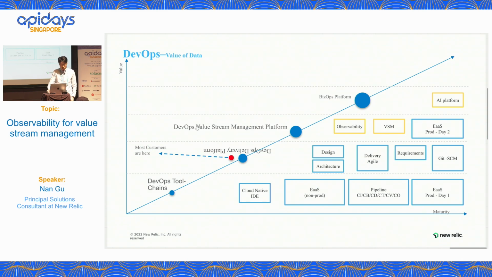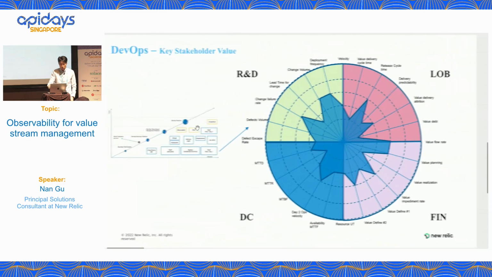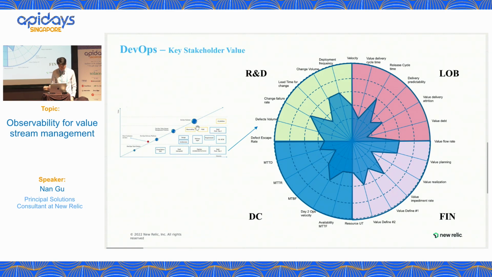So once we have set up the tools to generate all the data, we can generate all of these things, right? So at level 1, we can go back to the dev team. Hey, look at this. Your lead time for change is too long. You need to improve. Your deployment frequency is still not enough, maybe because of the automation, right? So we can talk to the IT teams, especially on the dev part.